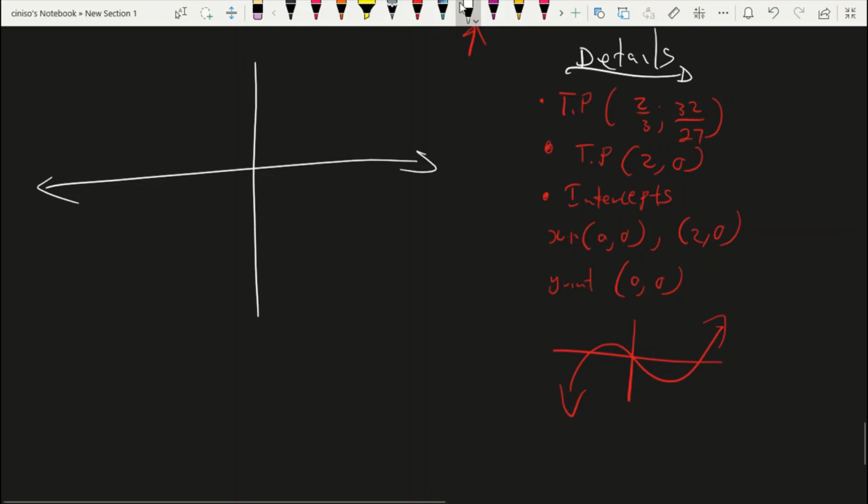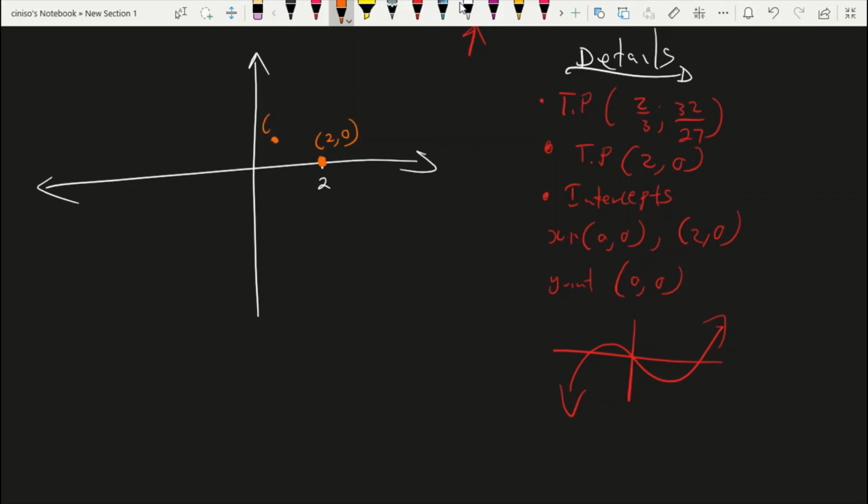So by drawing a cubic function now, we're going to plot our values. So if we plot 2 and 0, let's say 2 is here. So this will be the first point, the turning point, which is 2 and 0, right? And then if we plot 2 over 3 and 32 over 27, we will have something like here, right?